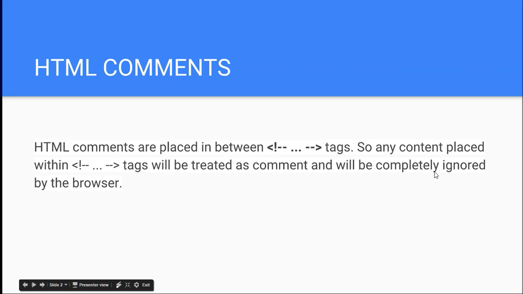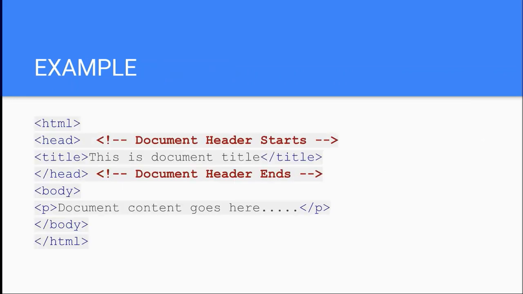Let us have a look at an example of HTML comments. In this code, you can see the red highlighted text here. That is a comment. The comment is saying that in the head part, the document header starts here, and when the head ends, it is saying that the document header ends here.